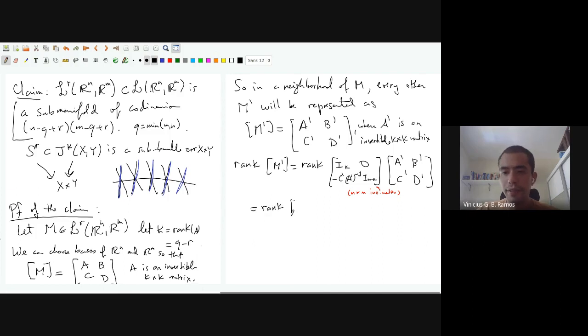So then you get A prime, B prime, 0. The reason I chose this is to make this entry 0. And then what you have for the last entry of your matrix is D prime minus C prime times A prime inverse times B prime.